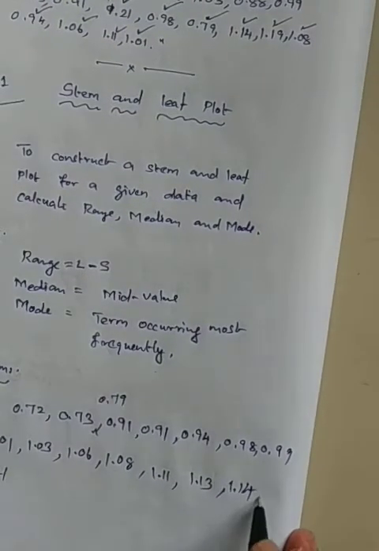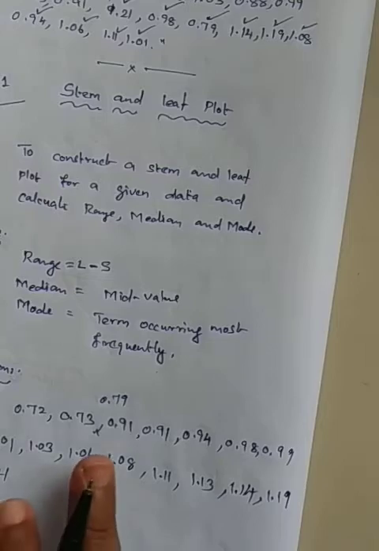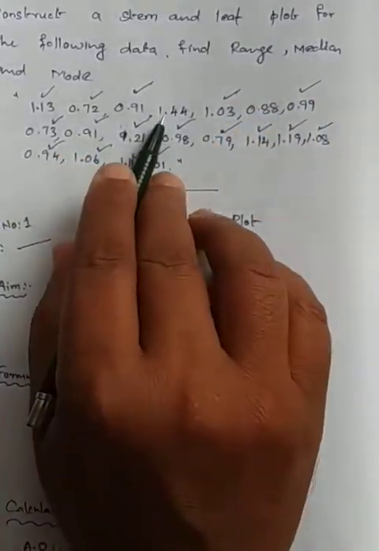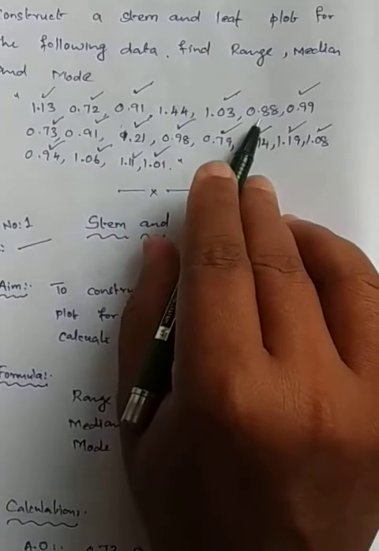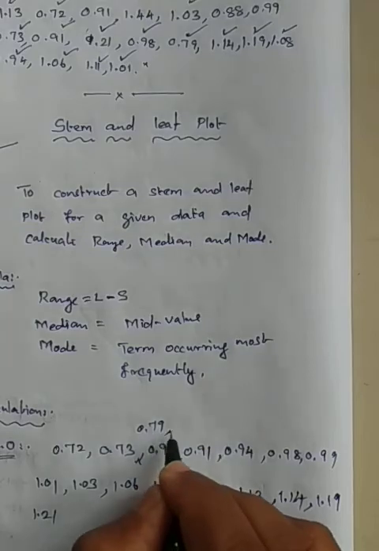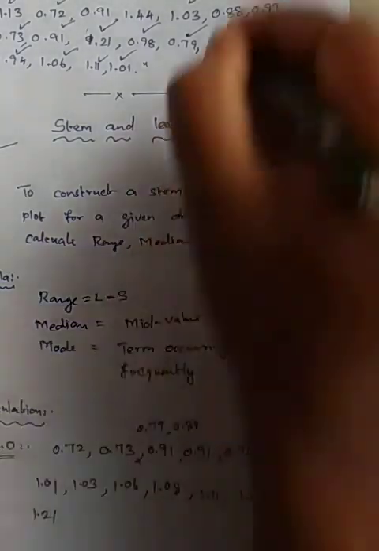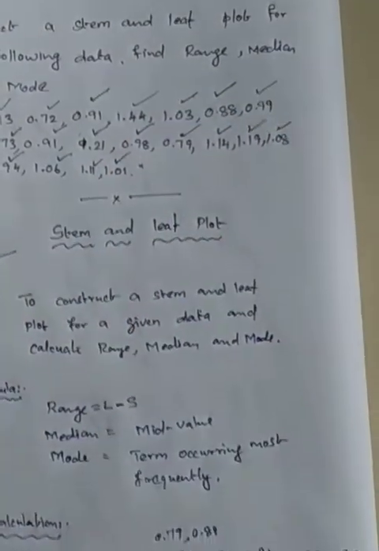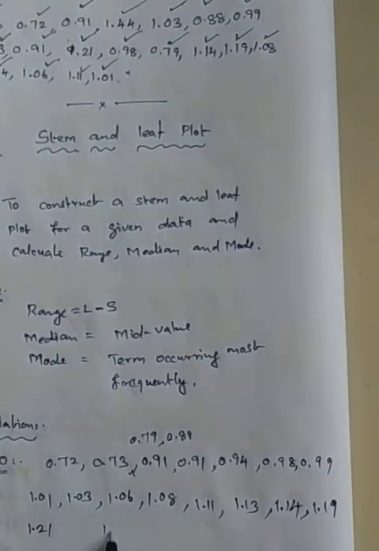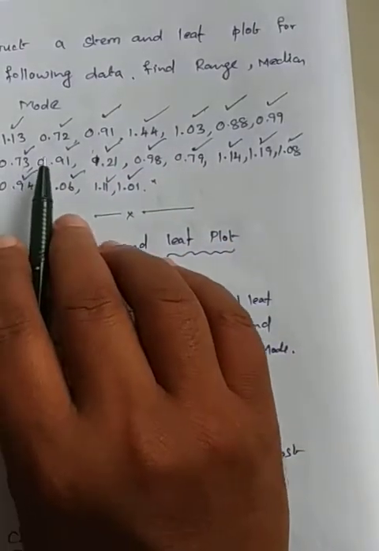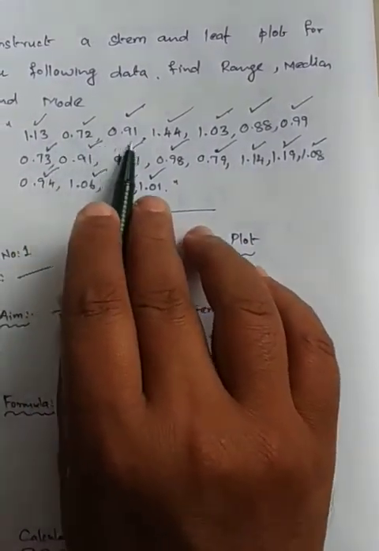Here it should actually come. If you miss also, you can write it in the middle putting an arrow mark. Then next 1.14. 0.88 is there. I missed it here. So here you can write 0.88, and you also mark that. And then 1.14 finally. So 1.44 is there. Is any data missed? You check it now. 0.1.